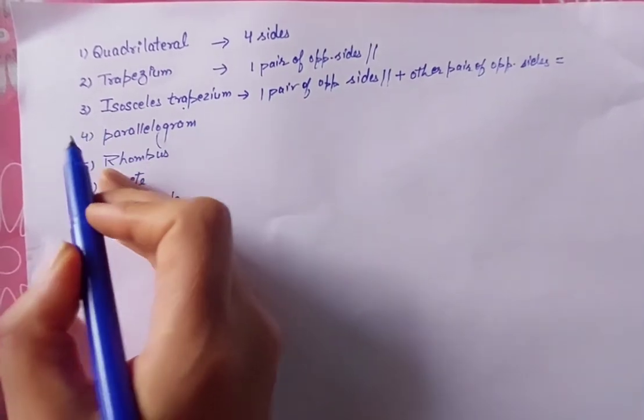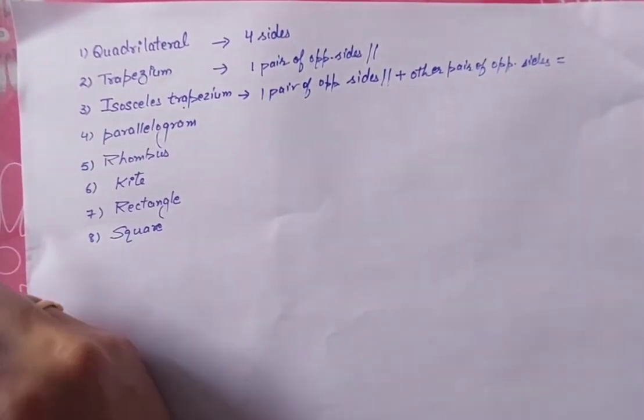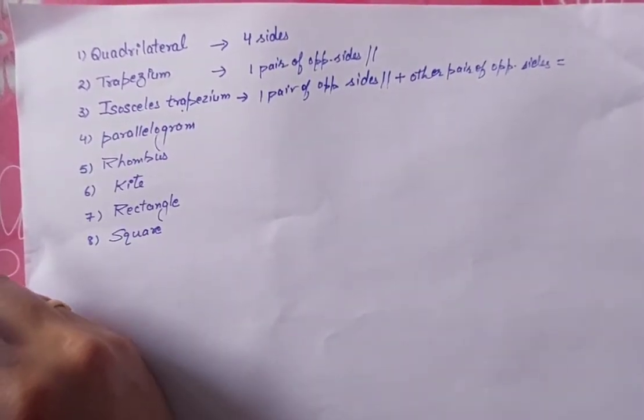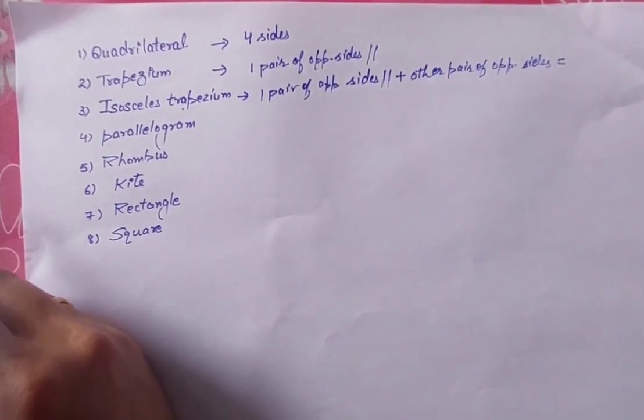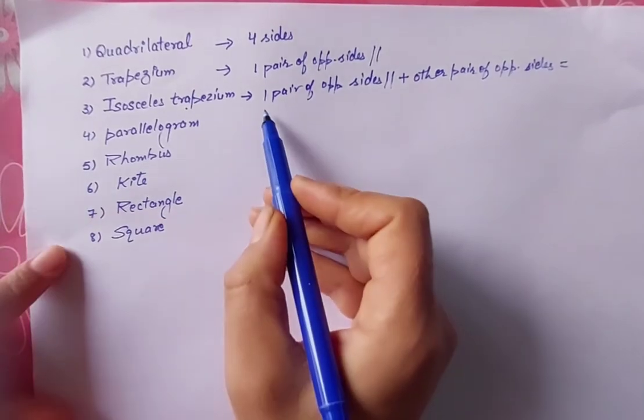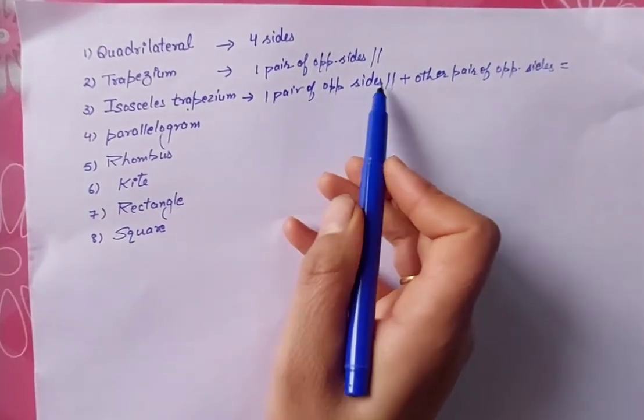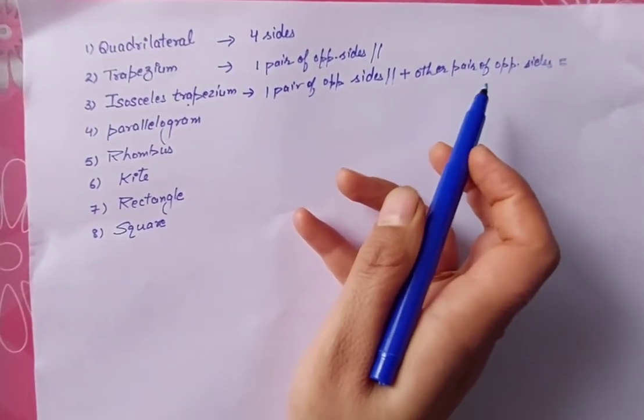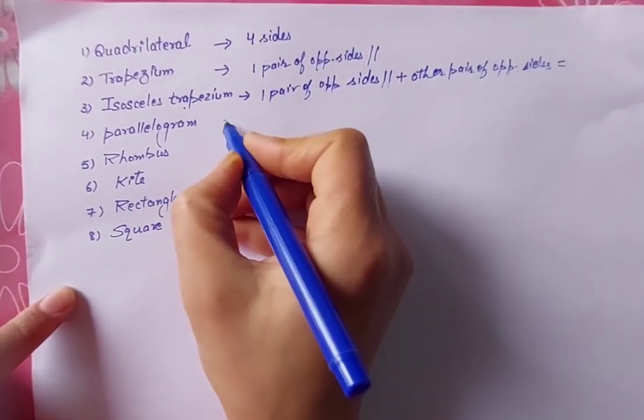So if somebody asks you to prove that this figure is an isosceles trapezium, some conditions would be given which will help you to prove it. So what are you supposed to prove? One pair of opposite sides is parallel and the other pair of opposite sides is equal.